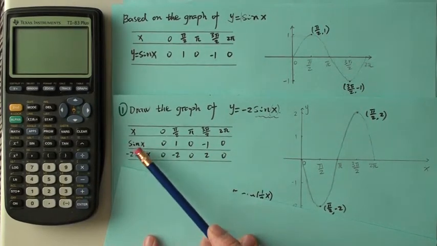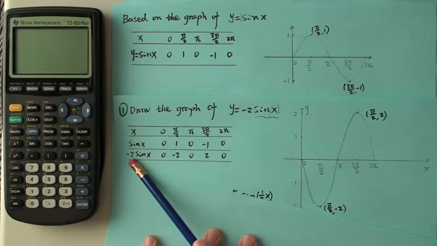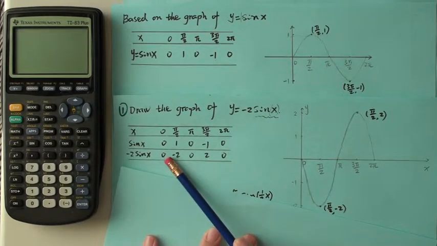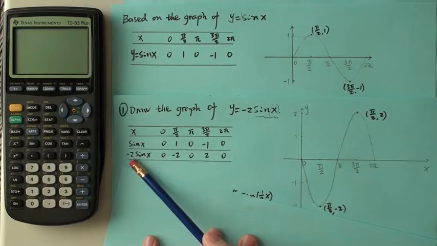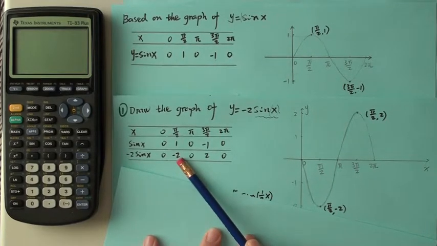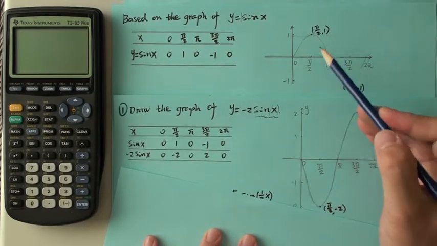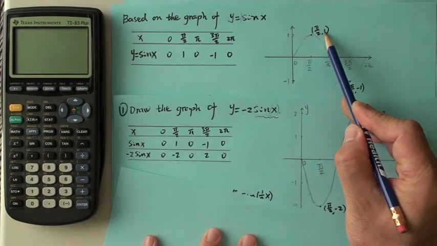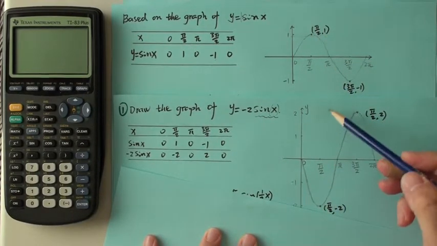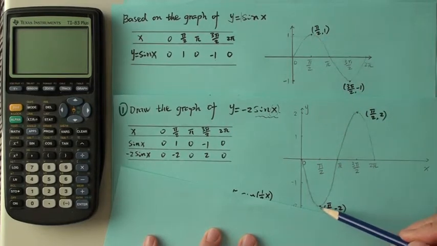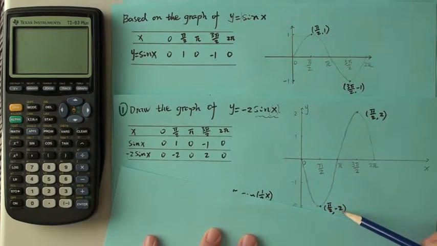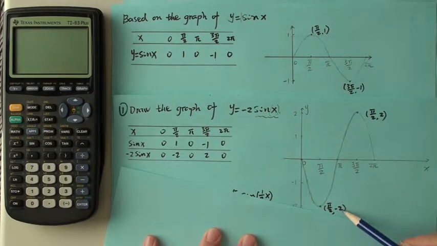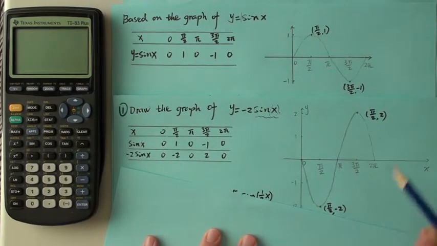But for each sin x, we need to times -2. So 0 times -2 is 0. 1 times -2 is -2. So previously it was 1. Now you times -2, it goes down. It flipped from here to here, and it stretches. Okay, it was 1 there. Now it goes to -2.